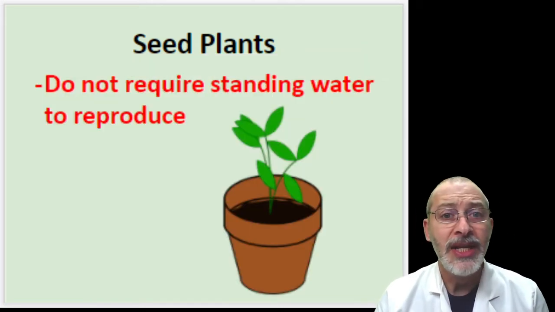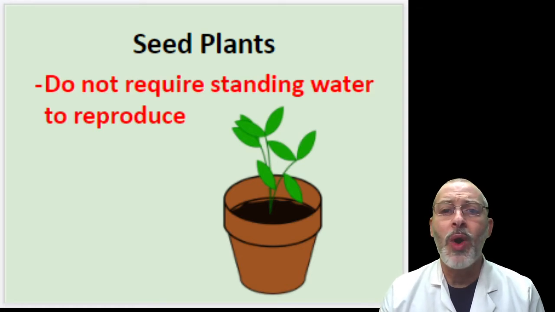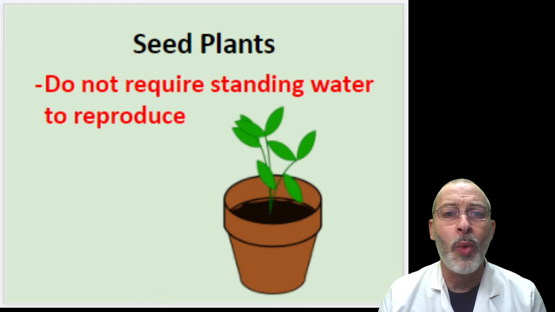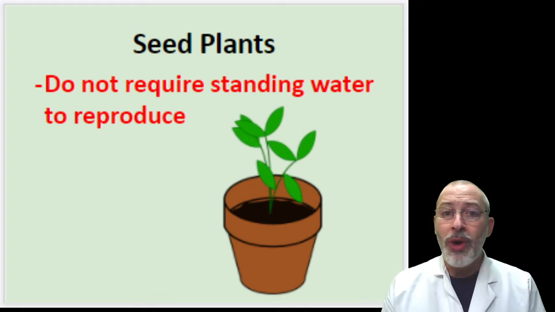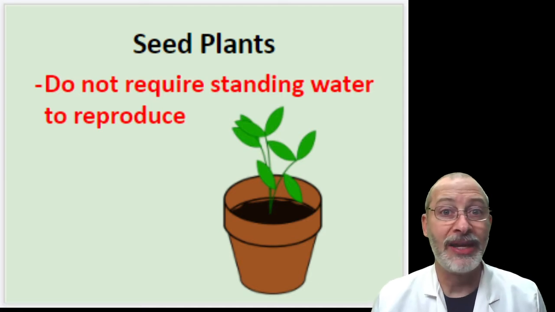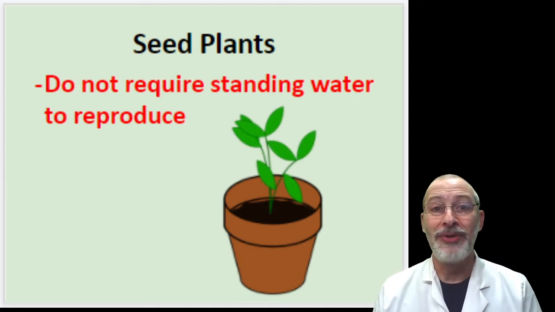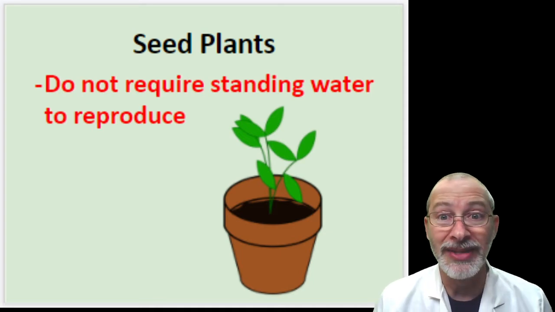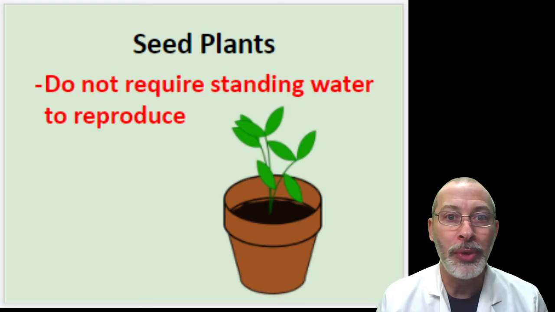Seed plants, like other land plants, do not require standing water to reproduce. In other words, you won't find seed plants growing in the ocean. You generally don't find seed plants requiring a body of water to grow within.